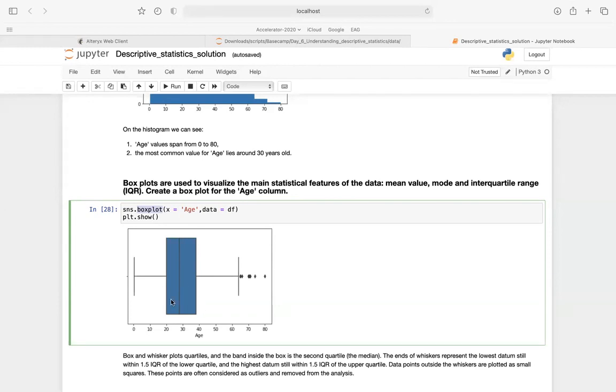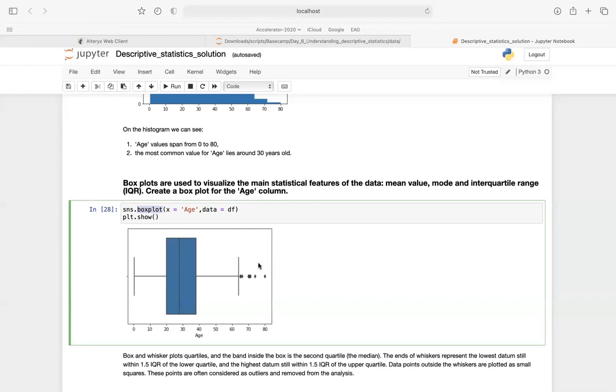The end of the whiskers represents the lowest datum still within the 1.5 IQR range, or interquartile range. Data points outside the whiskers are plotted as small dots or squares. These points are considered outliers.